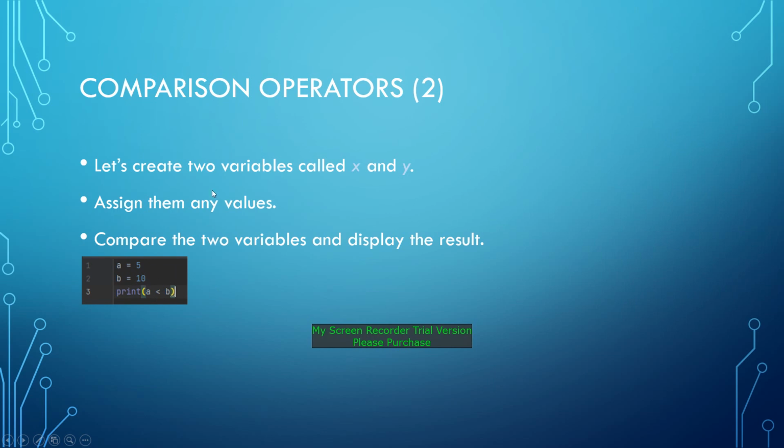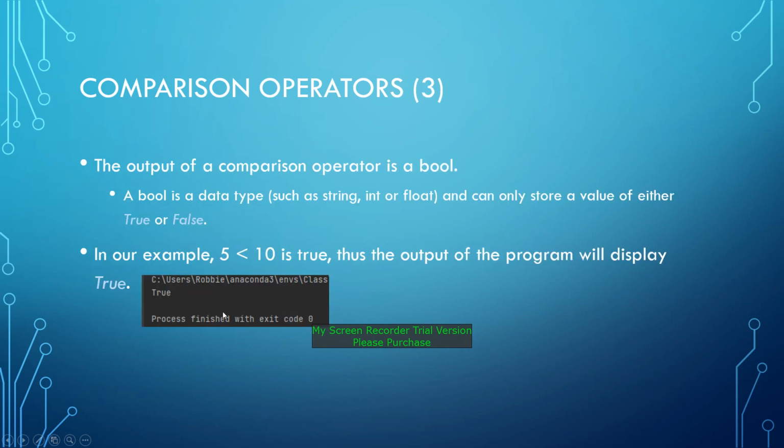For our example, a being 5, b being 10, what do you expect the result to be? Okay, so a being 5, b being 10, our output will return true. The value can either be true or false, so the output of our comparison operator will be a bool. A bool is a data type, like a string or an int or a float.